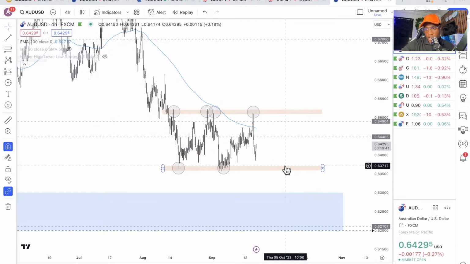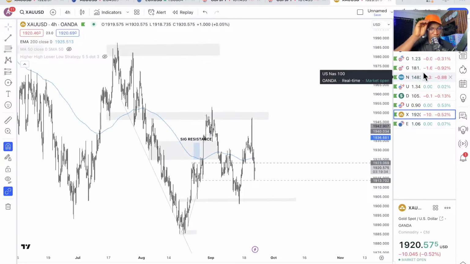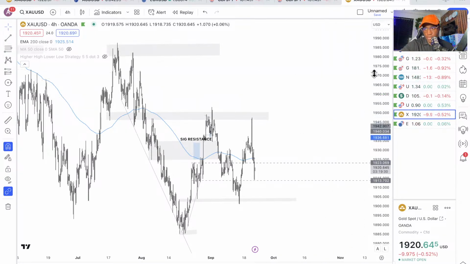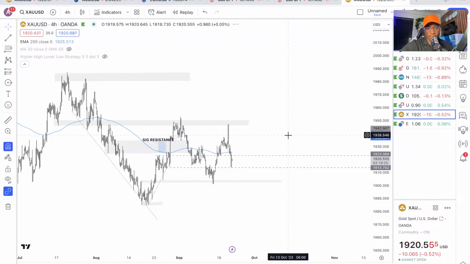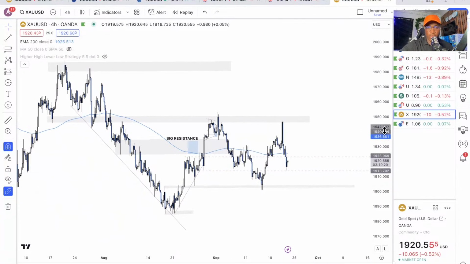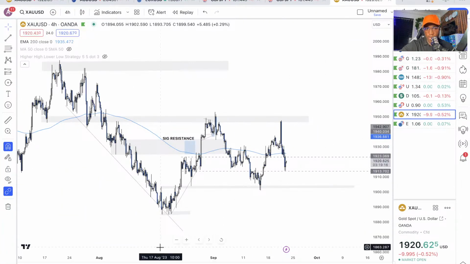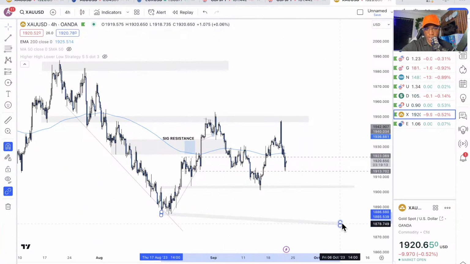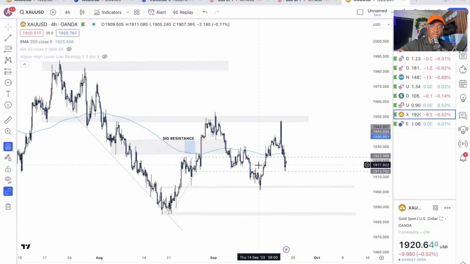Somebody's saying XAU USD. Okay, let's look at gold. Right, I already have some key levels on gold, so I'm just going to extend this. I already have some key levels mapped on gold.